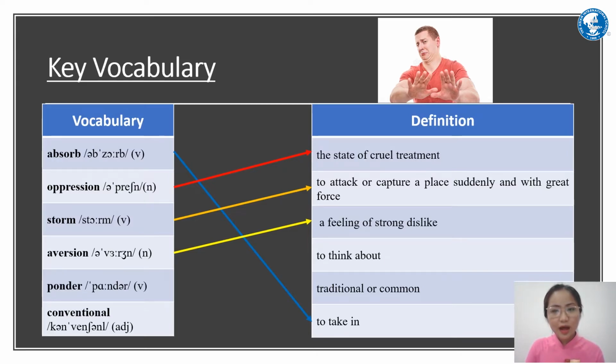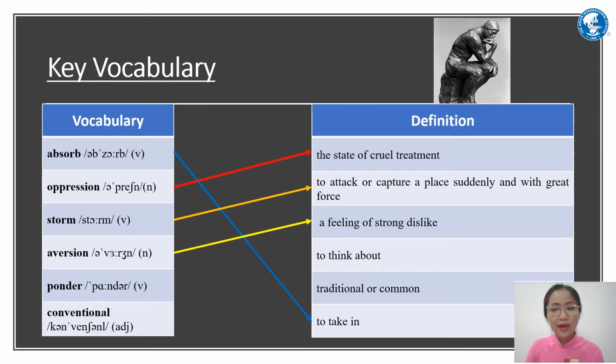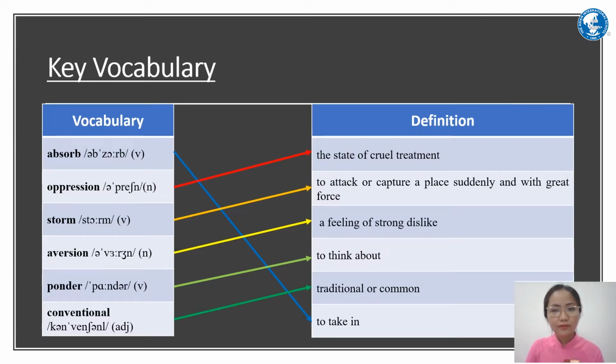The next word is ponder. So basically, ponder has the same meaning with consider, but it is a more formal way to express a thinking process for a period of time. The last one must be conventional, which means traditional or common.